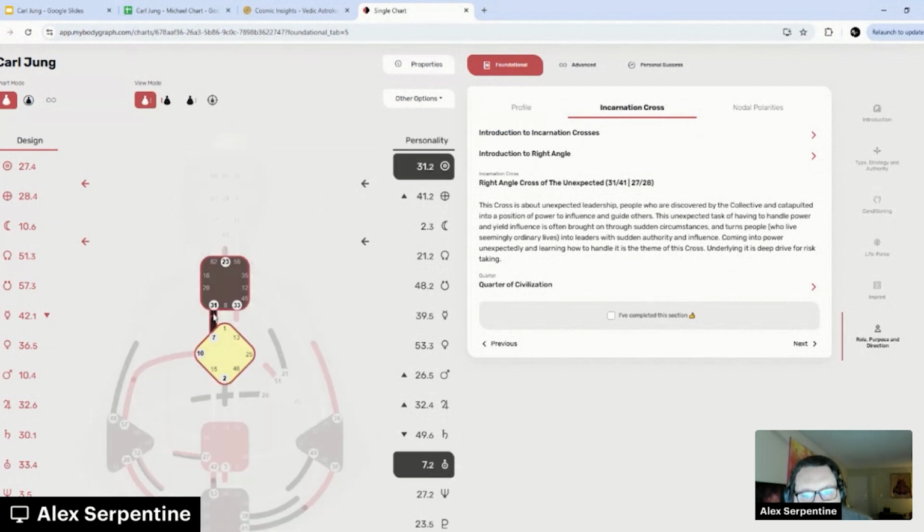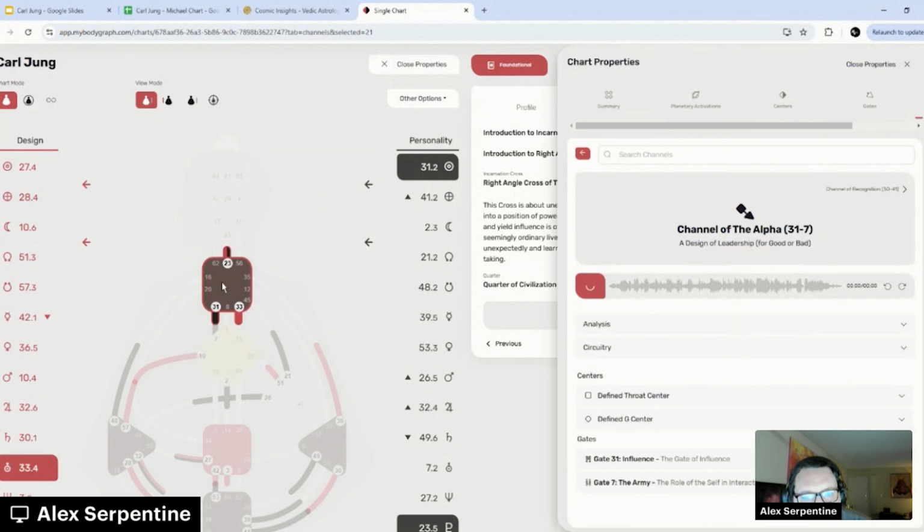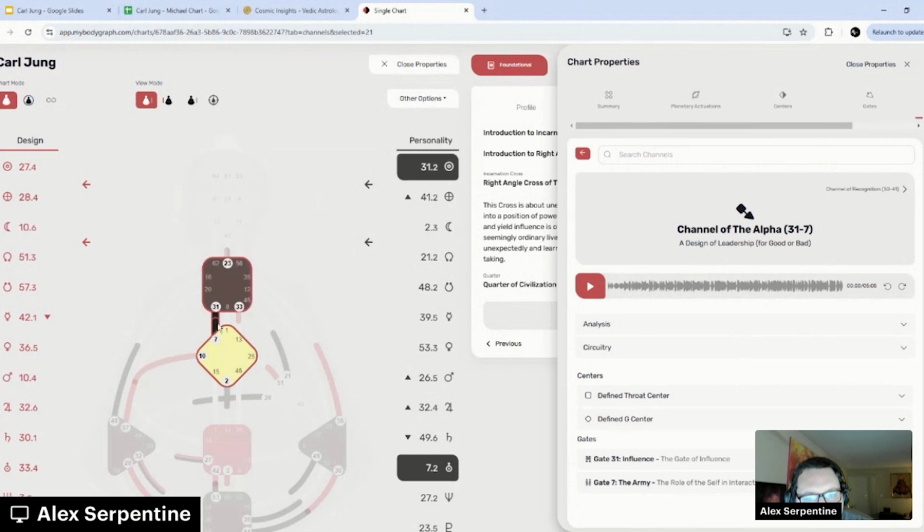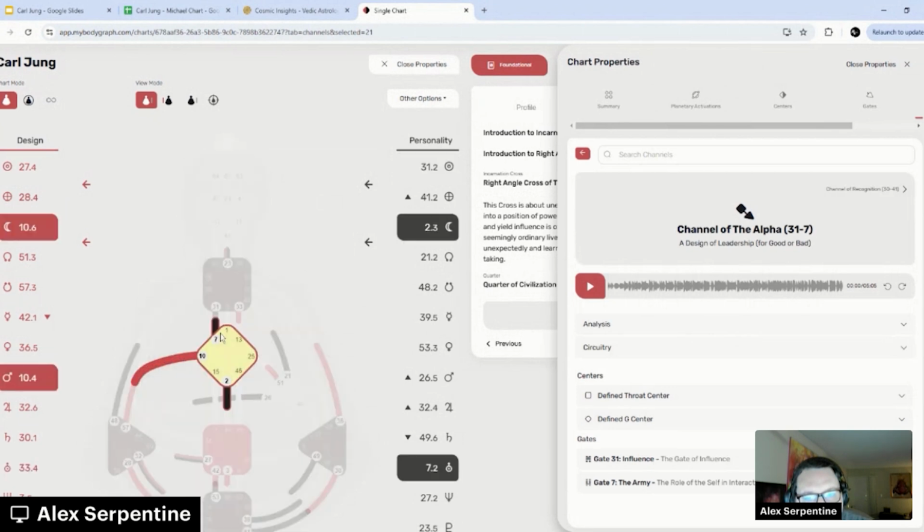He's got the 31 in that, which is this gate that's coming from the throat, the communication center, and it's going down into connecting to the self center, the G center. And he actually has a channel there because he has 7 defined also. So he has a channel from the throat to the self center.